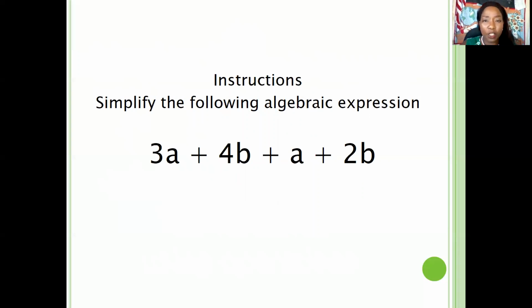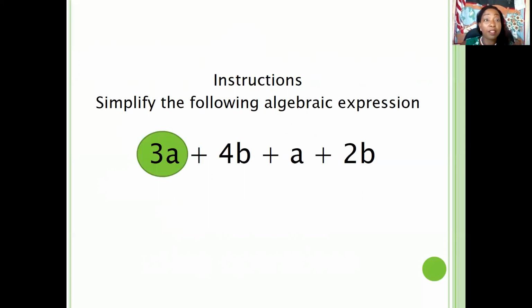Simplify the following algebraic expression. This would be a typical paper 1 BJC question. 3a plus 4b plus 1a plus 2b. Now, ideally, this is how you would think about it. These are all steps. They're telling you what to do.